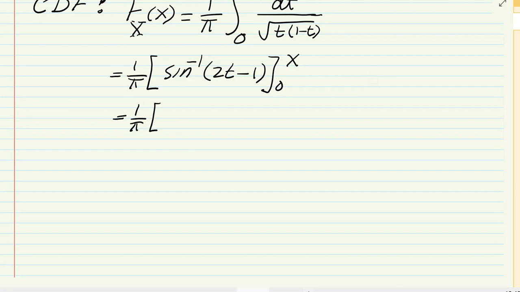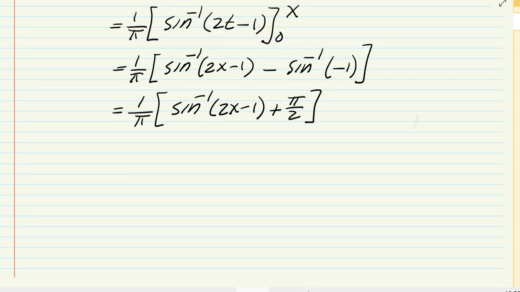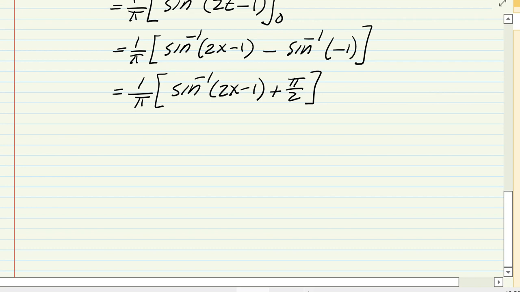When we plug in x for t, we get arcsine of 2x minus 1, minus the arcsine of, when we plug in 0, negative 1. We just showed earlier that the arcsine of negative 1 was negative pi over 2, correct? So this is arcsine of 2x minus 1. The negative of a negative pi over 2 makes positive pi over 2. And then there we have it.